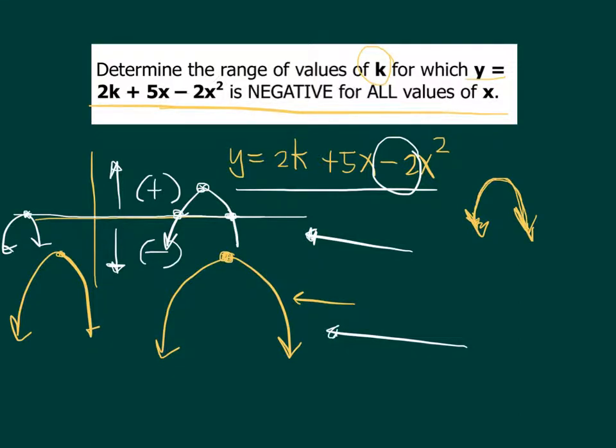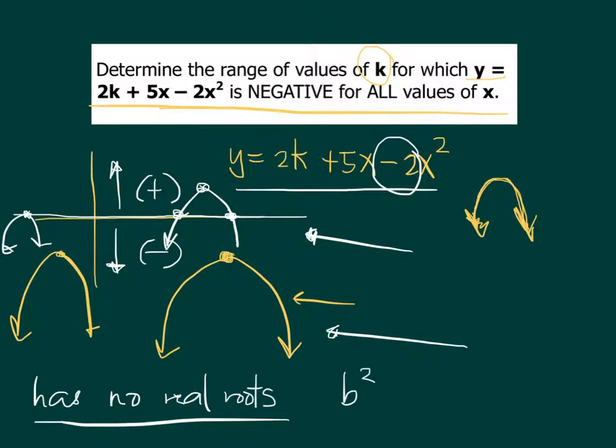Since there are no intersections on the x-axis, this equation has no real roots. From here, we can say that b squared minus 4ac should be less than 0. And that's how the nature of the roots is being applied.